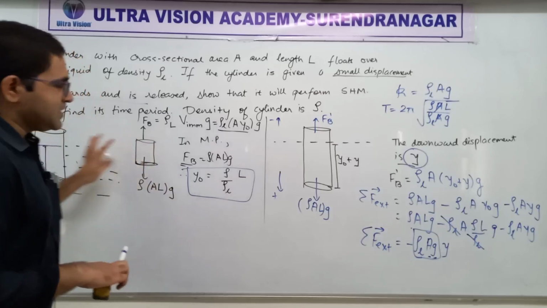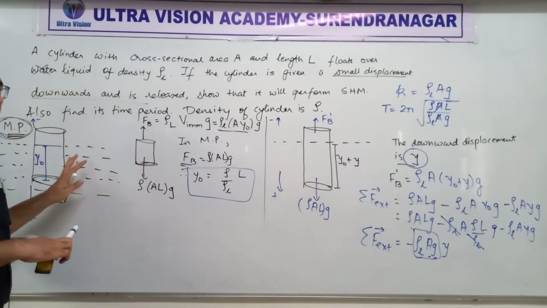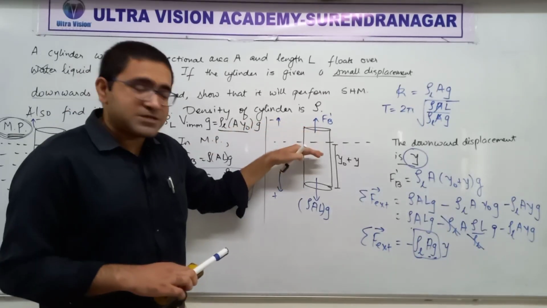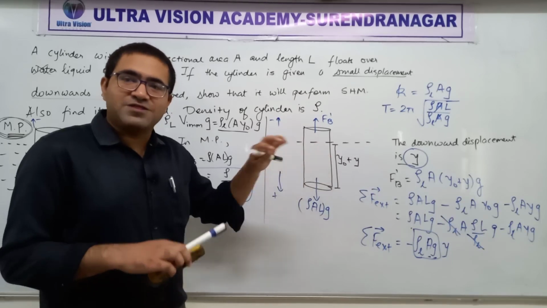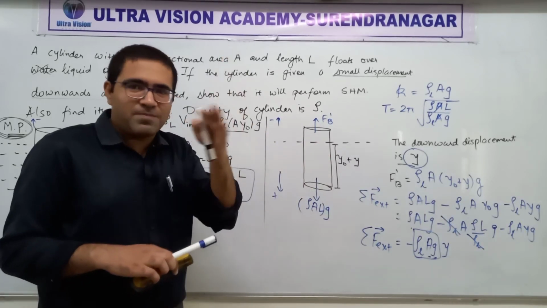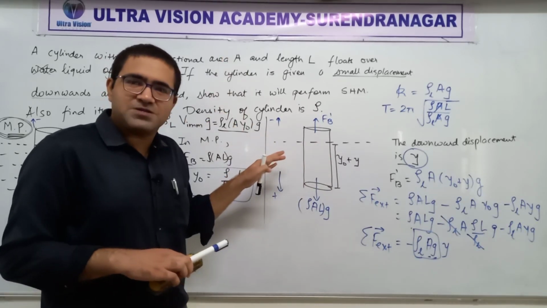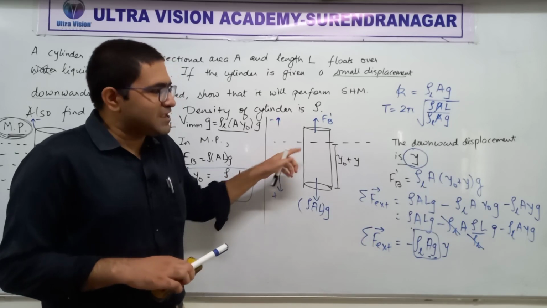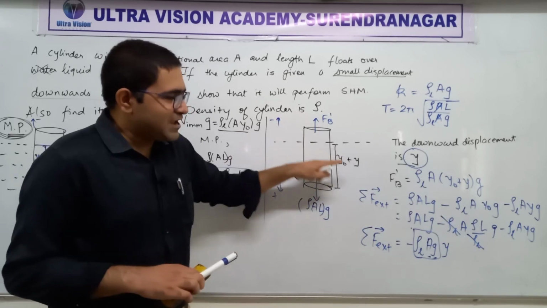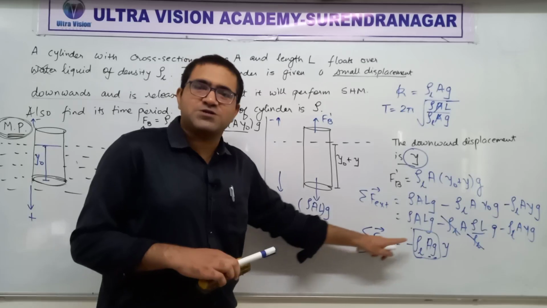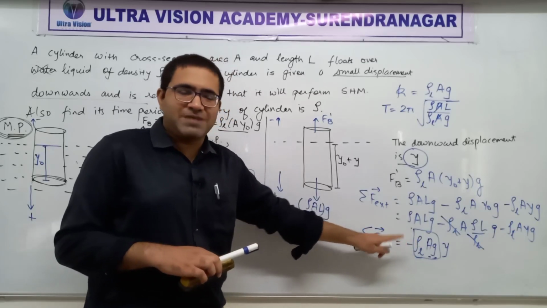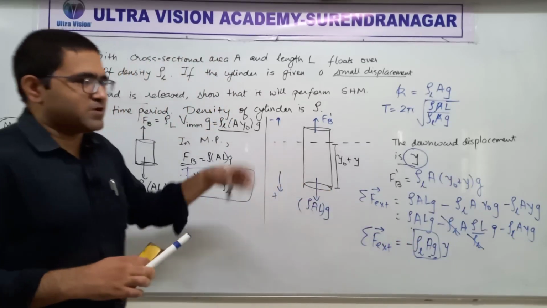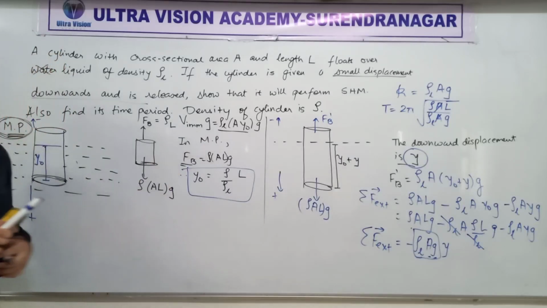First, mean position, you see whatever you have for mean position. Then you displace it a little bit, either rotate it or move it up, down, left, right, whichever way it is supposed to move. Then you draw its FBD again and try to find sigma F external. If it matches with the SHM value, then you have further steps to do. So that's how you always do.